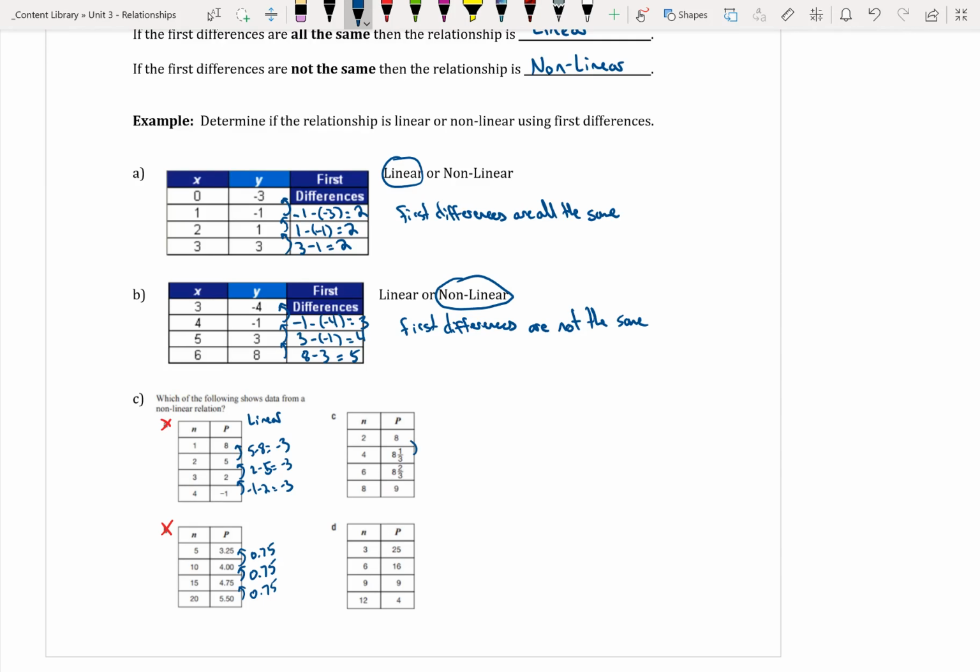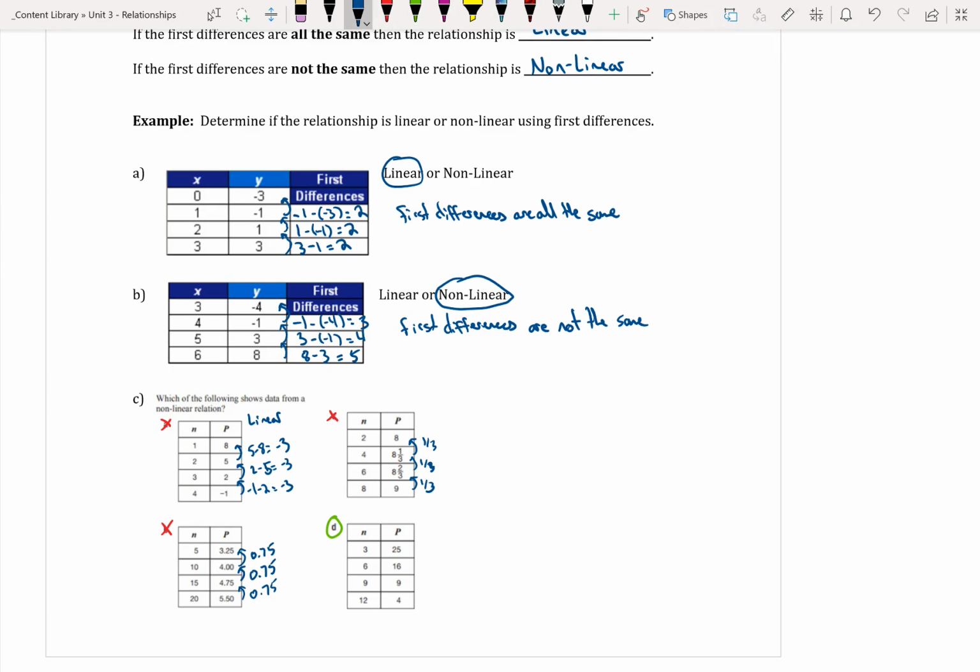C, if we go through and do the same thing again, we get 1/3 as our first difference, 1/3 again, and 1/3 again. So again, looking at our first differences, they're all the same. It means it's linear, which is not the right answer. Now, process of elimination, that leaves us with D as our right answer.